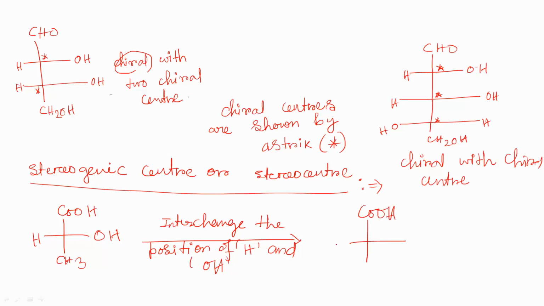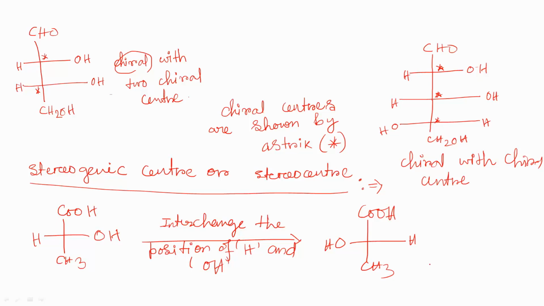COOH, OH is here, hydrogen is here. We just changed the position. OH was on the right side, we change it to the left side, and the hydrogen was on the left side initially, and now it comes to the right side. So we just changed the position of the hydrogen and the OH group. Now we will get the new stereoisomer.